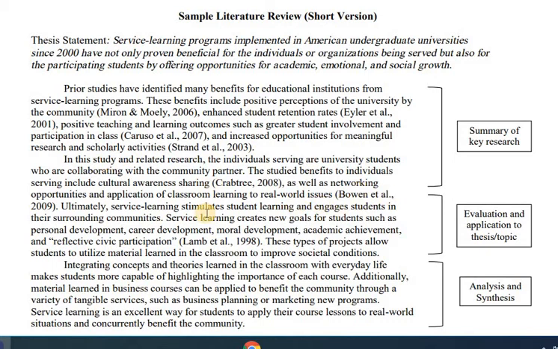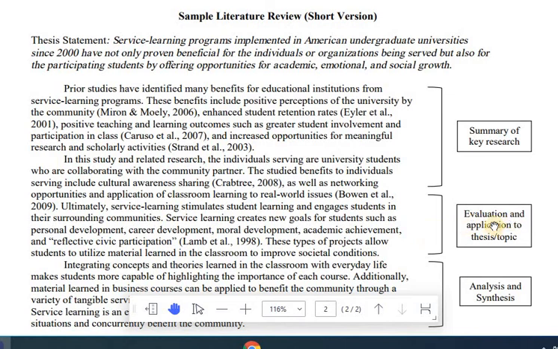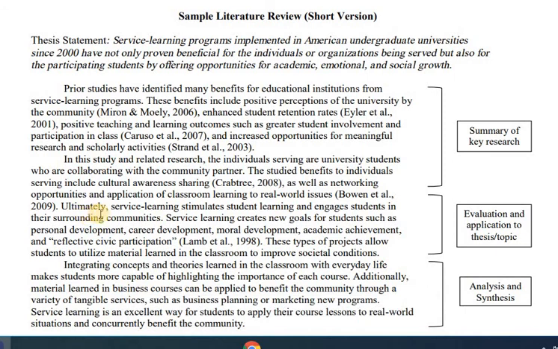So you see this part, it is evaluation and application to this topic. He mentioned that service learning stimulates student learning and engages students in their surrounding communities.